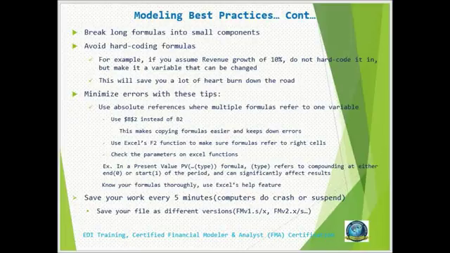For example, present value is a very important formula in our financial models, and it has a type parameter, and a 0 for type means that compounding is at the end of the period. But if you put in a 1 for type, then compounding happens at the beginning of the period.